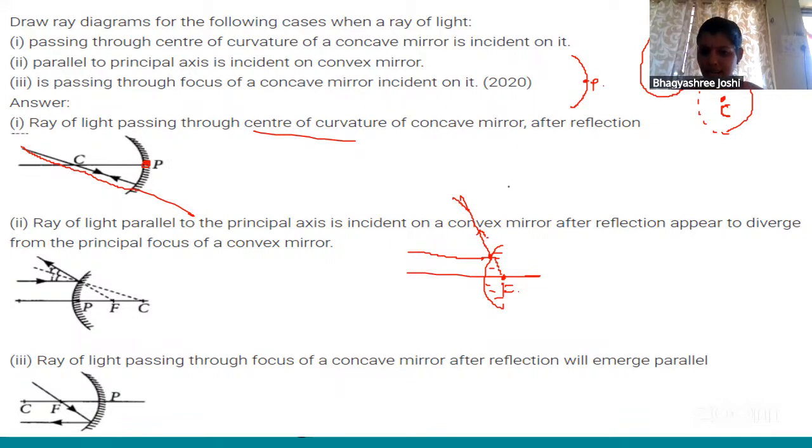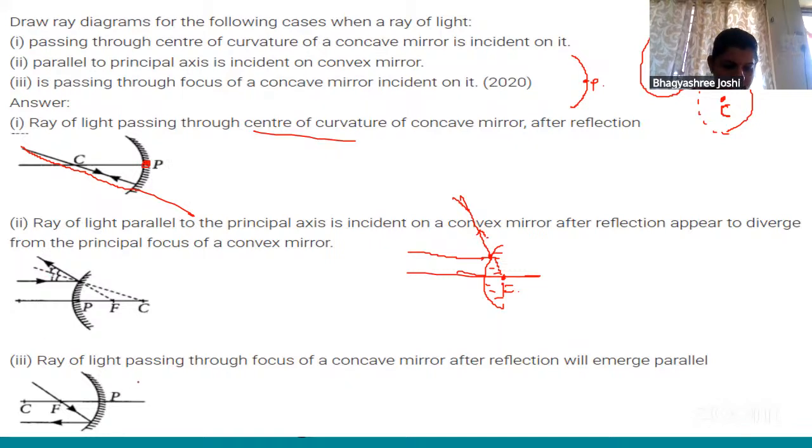The ray comes like this and goes back upward, that means it diverges. But it appears to meet at a point behind the mirror, that means it appears to meet at point F, right? So appears to meet means it seems that it is meeting at this point, right? That is F, and P is the pole and C is the center of curvature, right? So this is the ray diagram for light parallel to the principal axis.